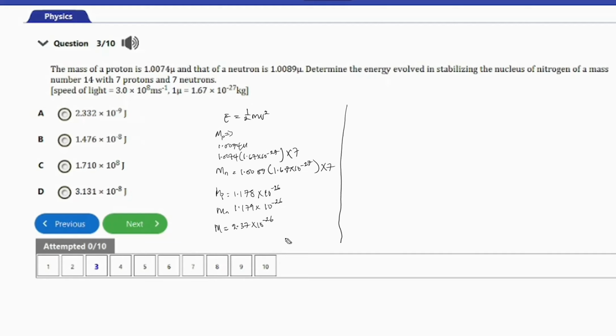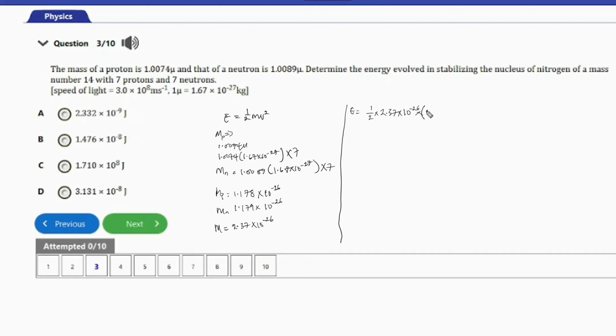So guys, if we have this mass here and then we'll now apply this equation here, half mv squared, we're going to have 1/2 times 2.37 times 10 to the power of negative 26 times the square of the velocity here.